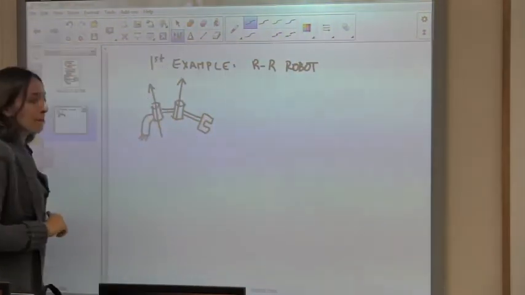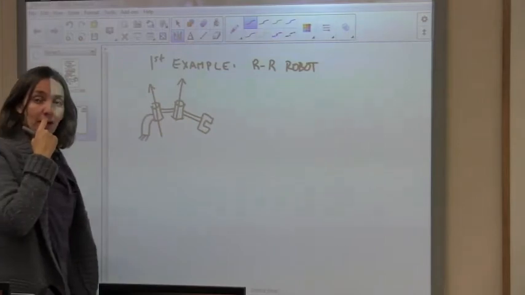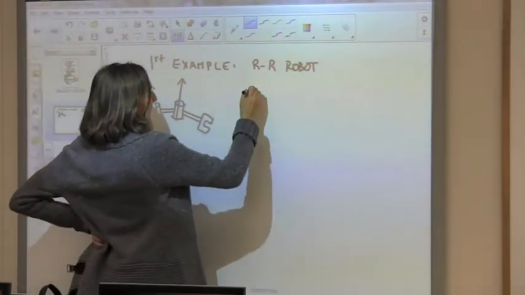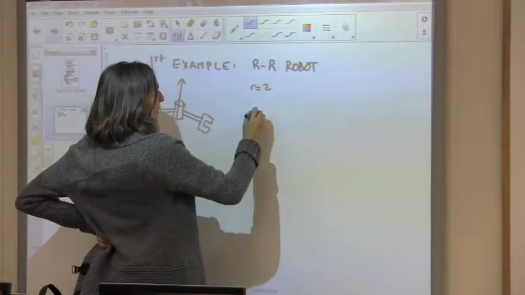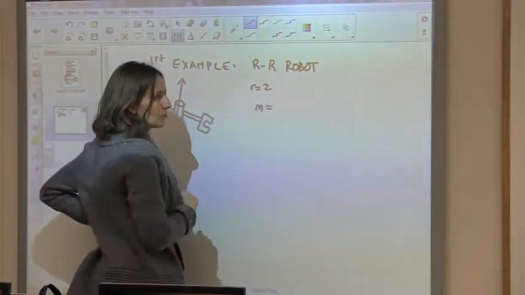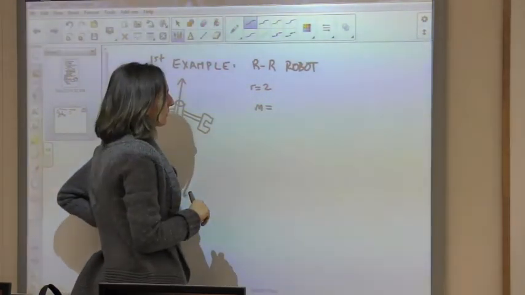Okay, so we use our formula. How was that? We have 2 revolute joints. So the maximum number of positions was, I forgot.